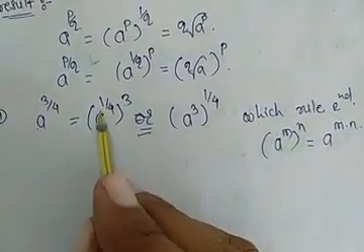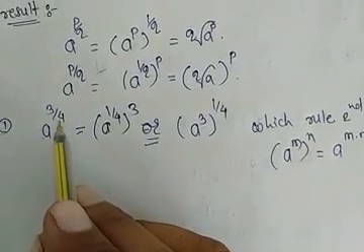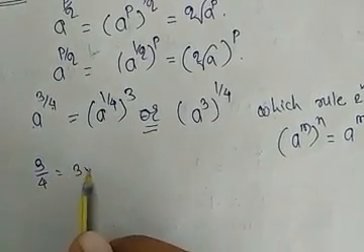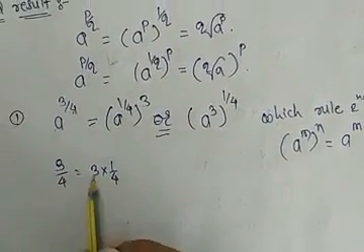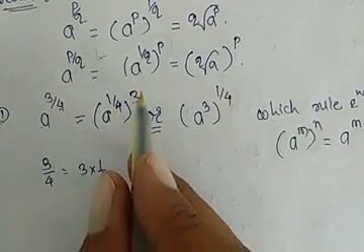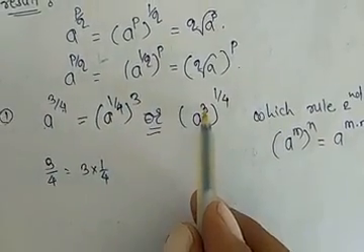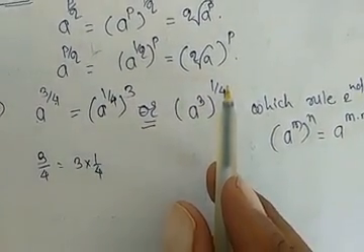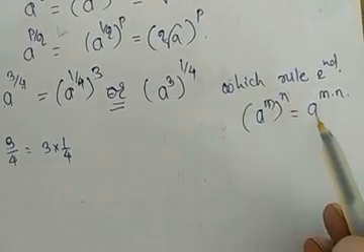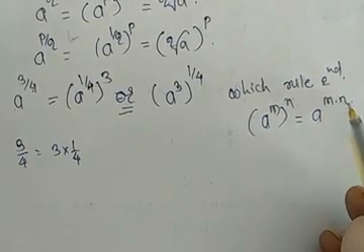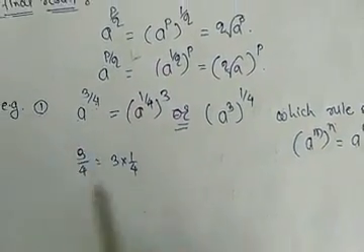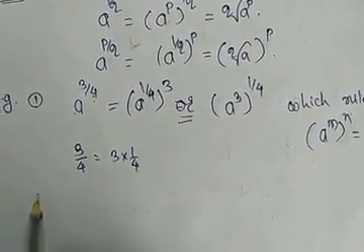We multiply the powers. 3 upon 4 can be written as 3 into 1 by 4. Now first we put 1 upon 4 in bracket and take the power of 3, or we take 3 in bracket and power by 1 by 4. So by our rule number two, a raised to m raised to n, we multiply the powers, which gives a raised to 3 by 4. Okay, this type of calculation is there in this result.